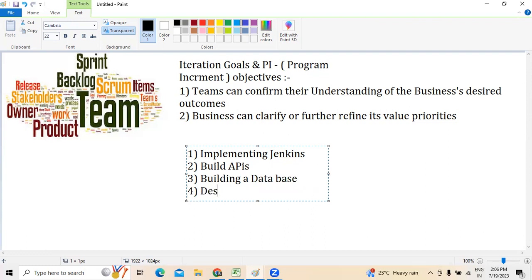Followed by this, designing a template is also essentially required. So these are the major aspects, examples of PI objectives from any of the fields. Make sure this is being implemented, including this DevOps environment.